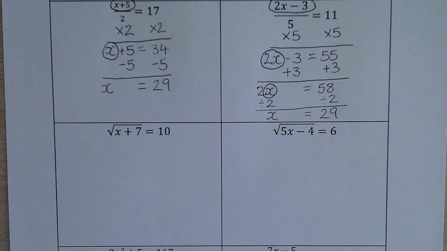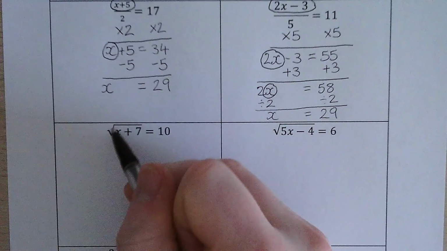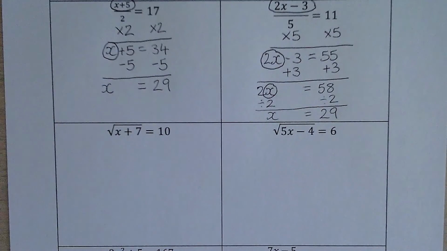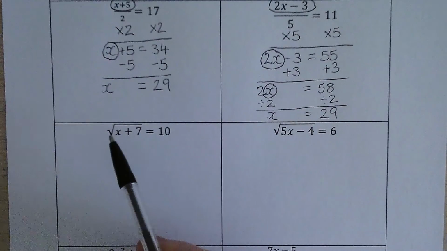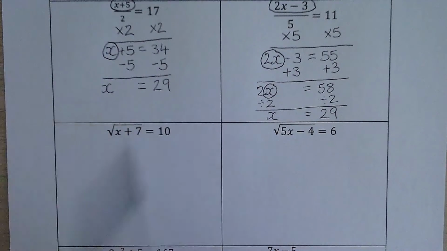On to the third question, and we have the square root of x + 7 equals 10. I can't jump straight into isolating x for this question because there is more than one operation going on. We're trying to add 7, but we're also trying to square root.